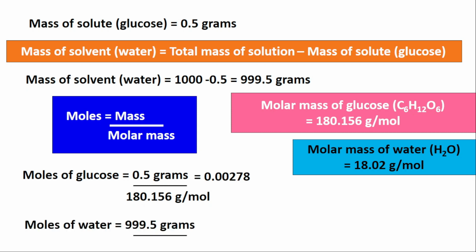Likewise, the moles of water is equal to mass 999.5 divided by its molar mass 18.02 grams per mole, which gives us 55.5.